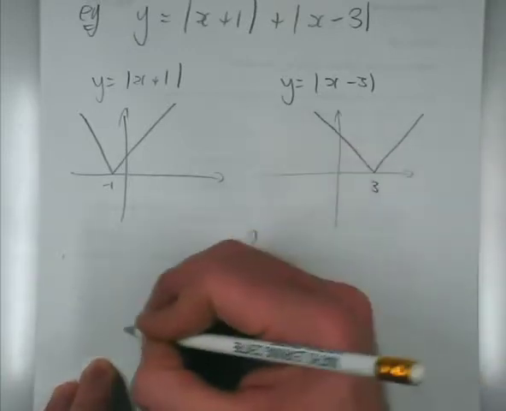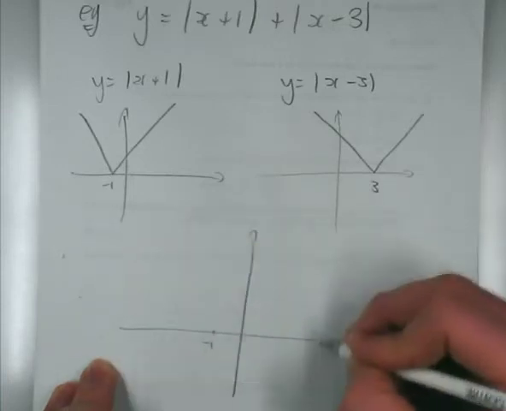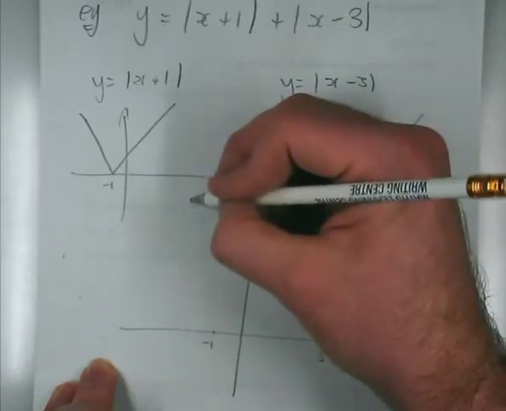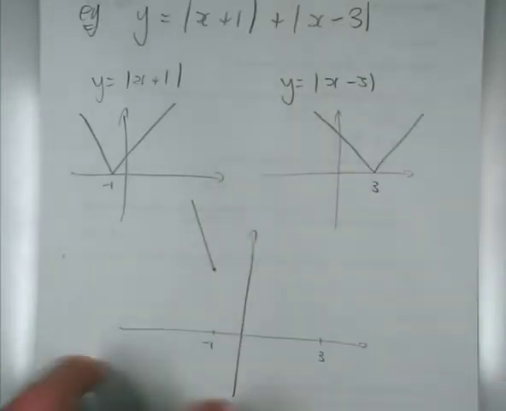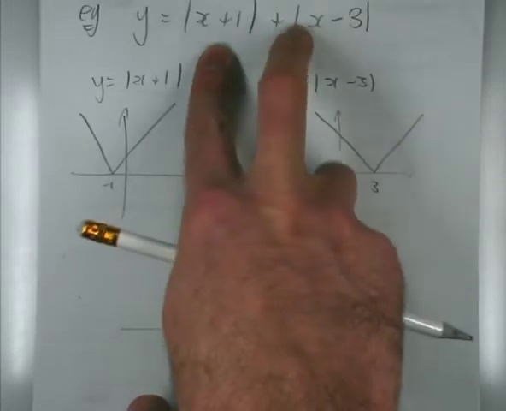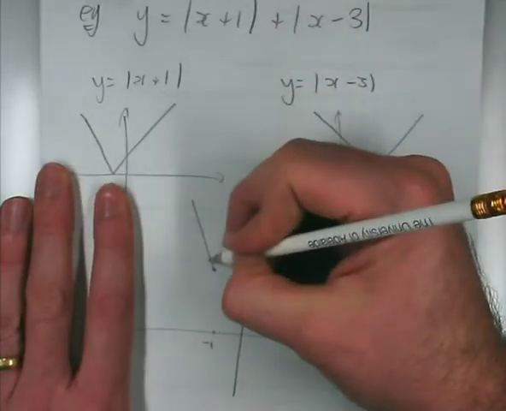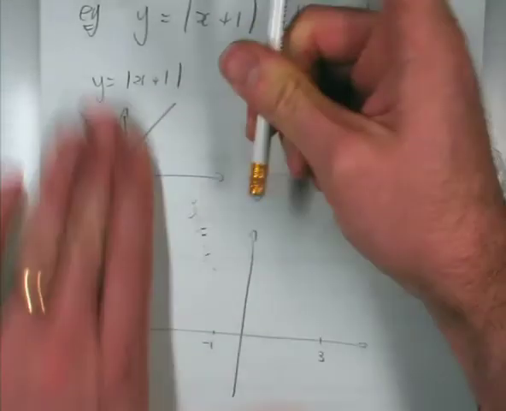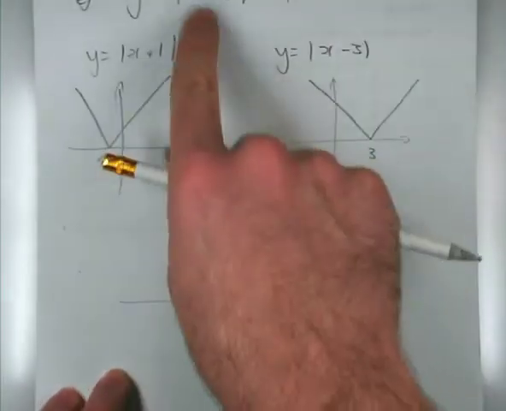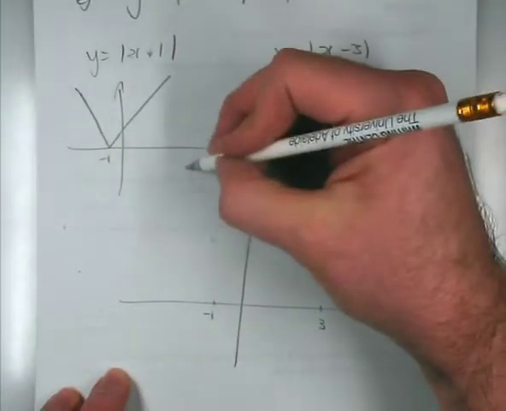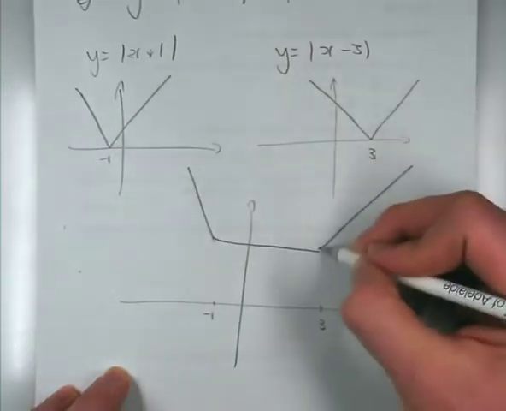But it will have kinks at both of those spots. What happens? So over here, this one's positive. This one's negative. Oh, okay. Crap, got that wrong, didn't I? So I've got, no, that's fine.